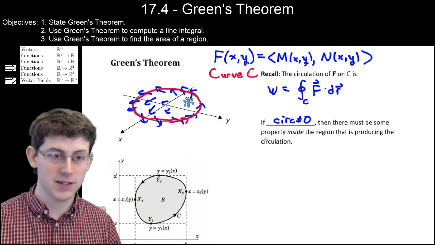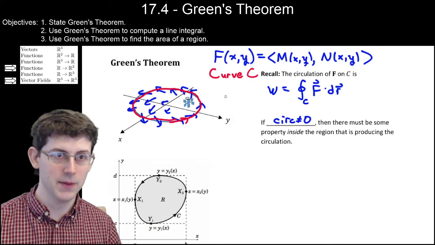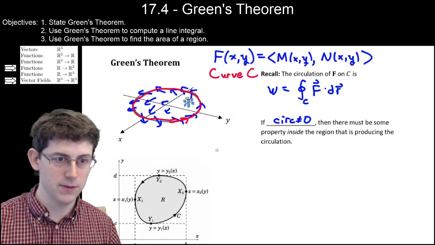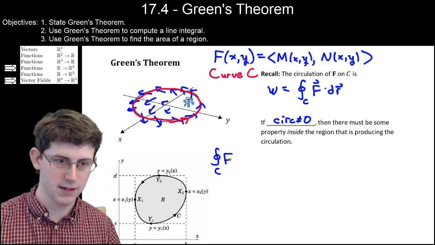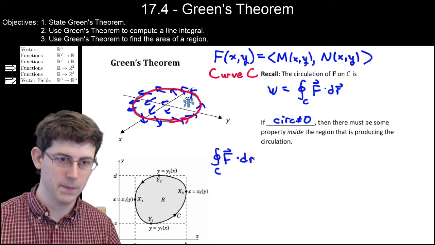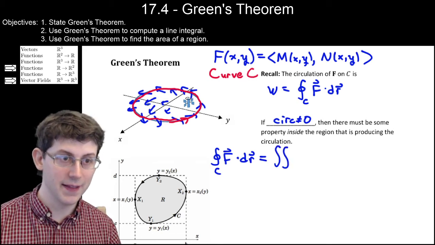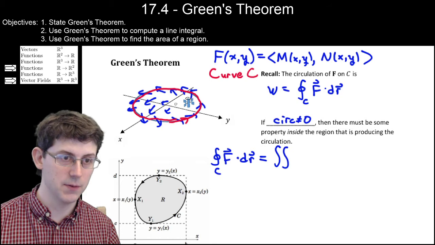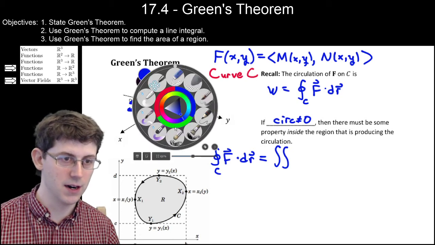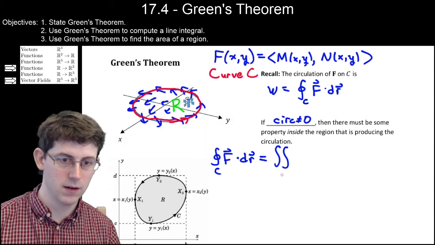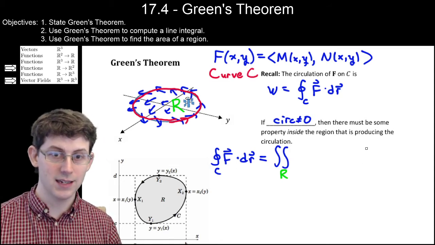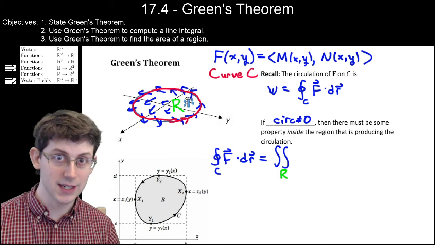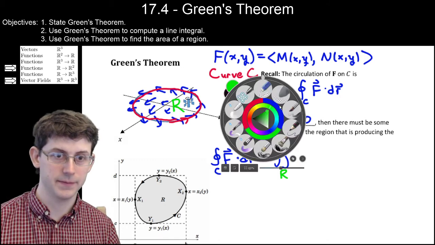Okay, so how does Green's theorem actually go when you write it down? Green's theorem tells you that the integral, the circulation, this work integral, actually equals an integral that you do on the inside of the region. We'll call the region R. So a line integral will equal a double integral on the region inside the curve.